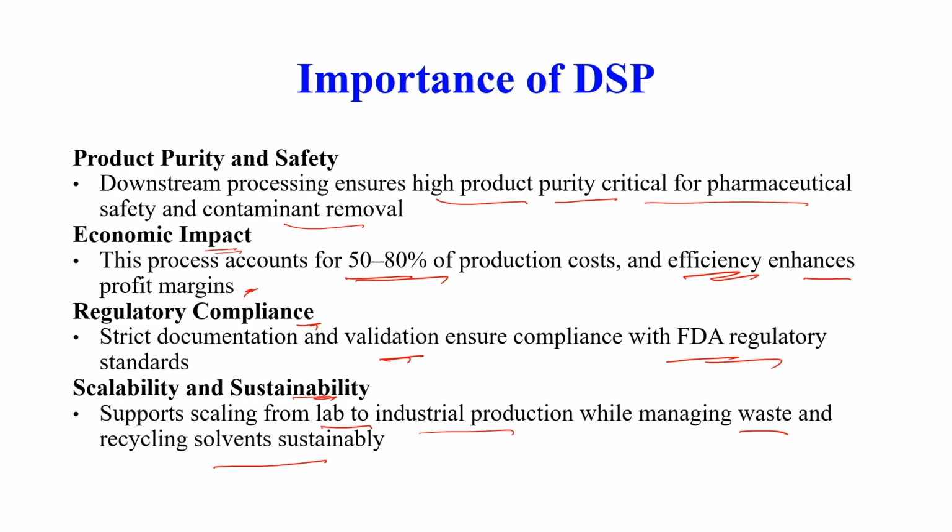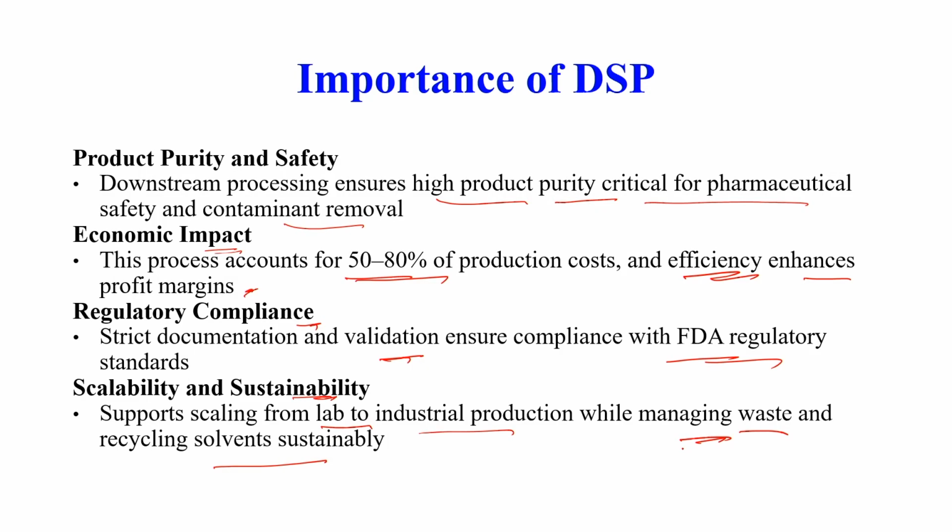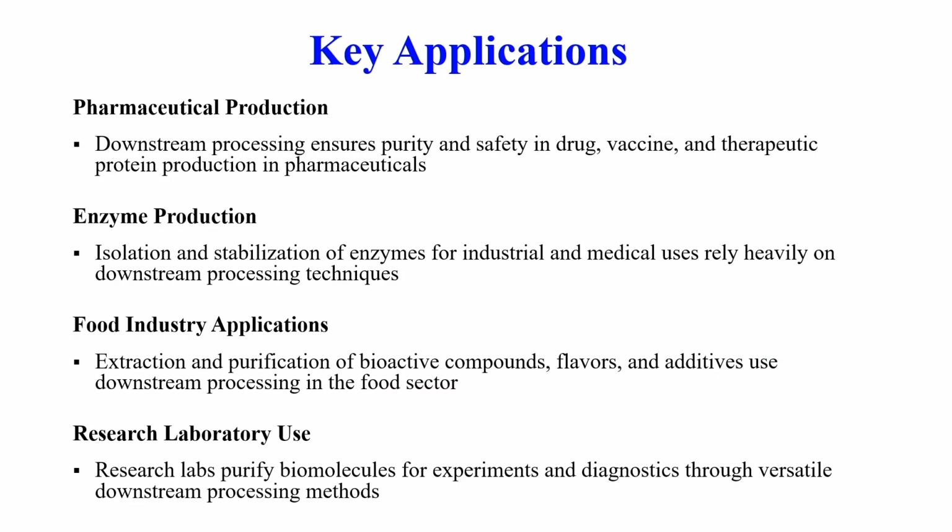Most of the chemicals used in downstream processing should be recycled and reused in order to maintain a zero liquid discharge policy or to have zero waste. So, you name any sector, as I told initially, every sector goes for downstream processing after upstream.